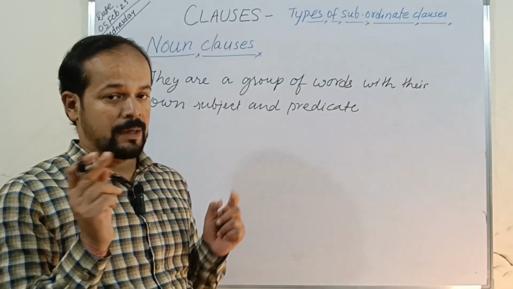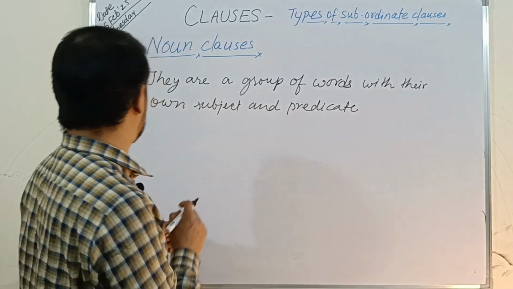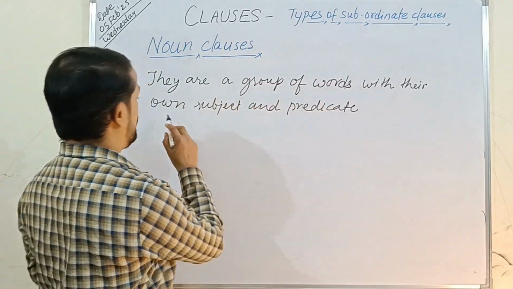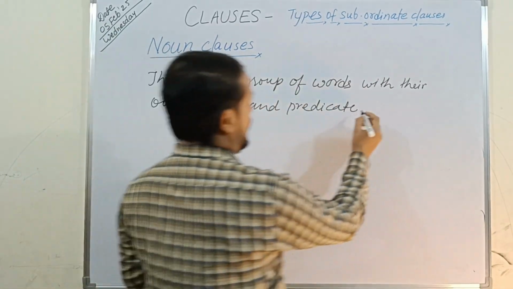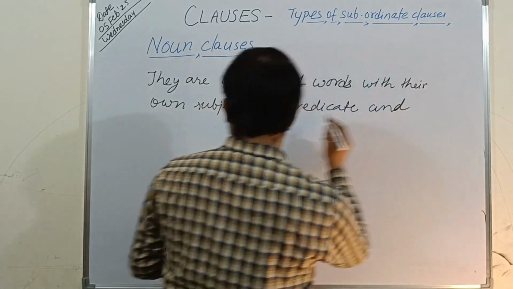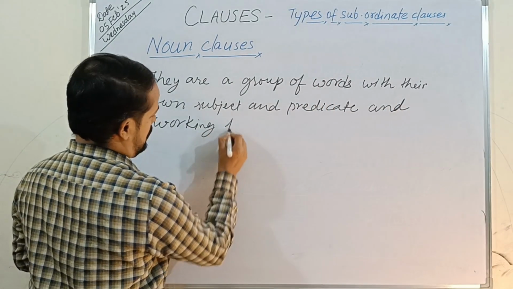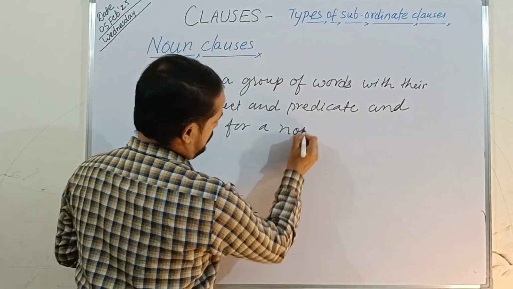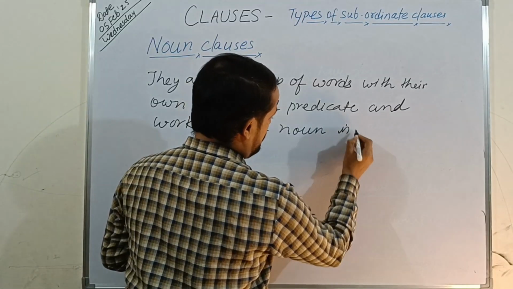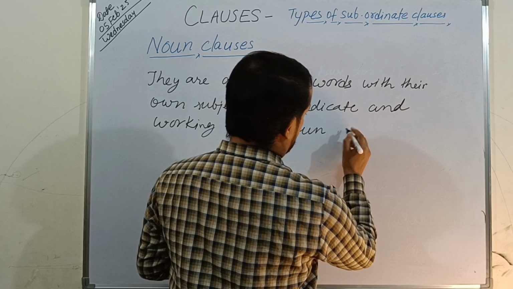The finite verb is the main verb in any sentence. So they are a group of words with their own subject and predicate and working for a noun.